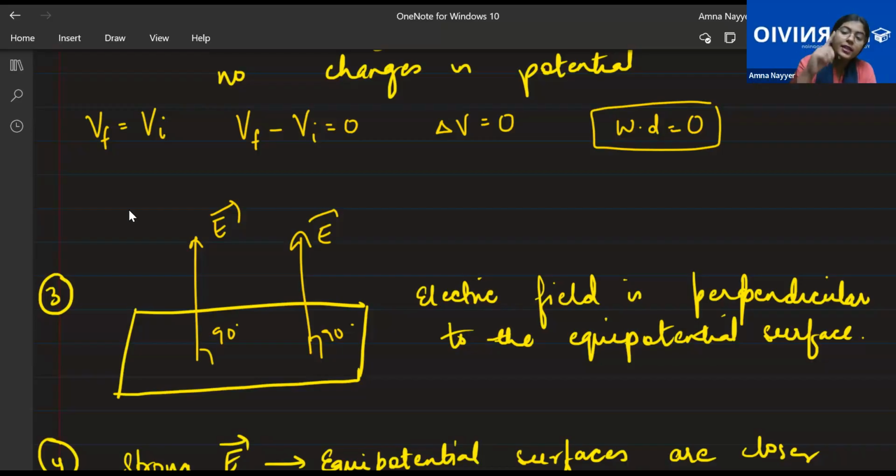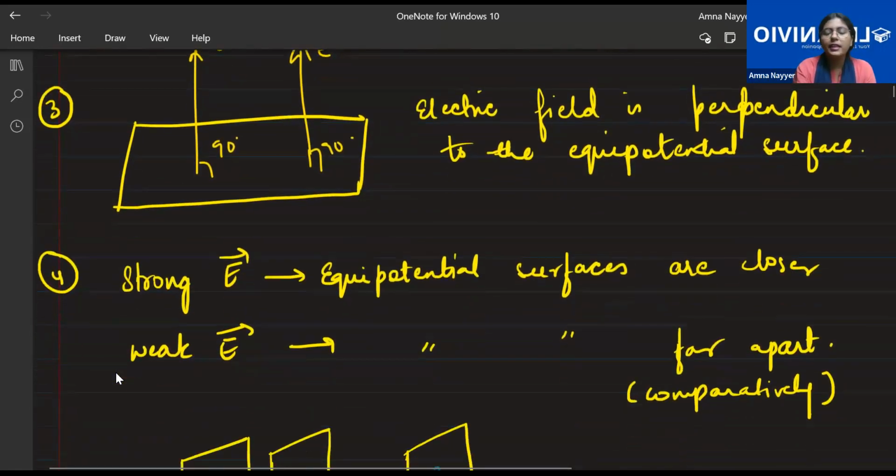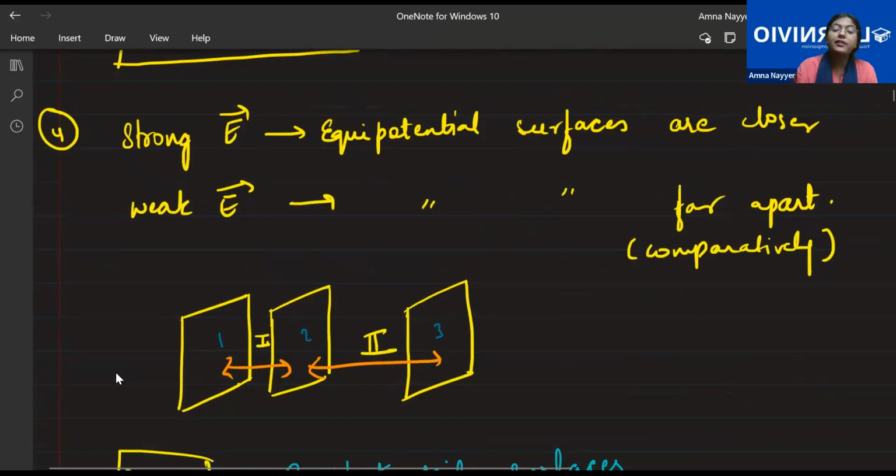And the fourth one is related to your electric field lines. If you all can relate, remember we discussed the property in case of electric field lines regarding relative density. When field lines are closely packed to each other, it shows a much stronger electric field. And when there's a gap between the electric field lines, that shows that a weaker electric field is present. So likewise, if you place the equipotential surfaces very close to each other, that represents a stronger electric field.